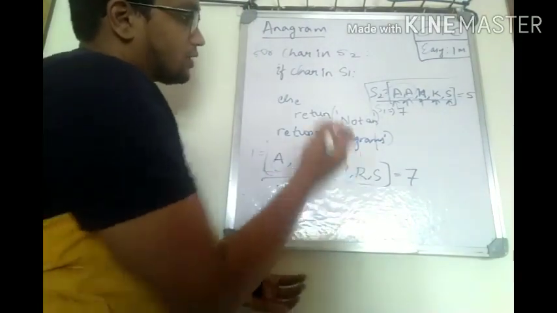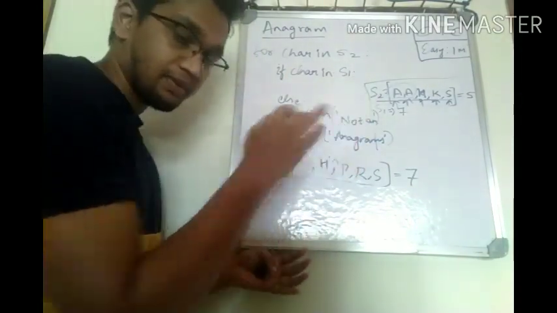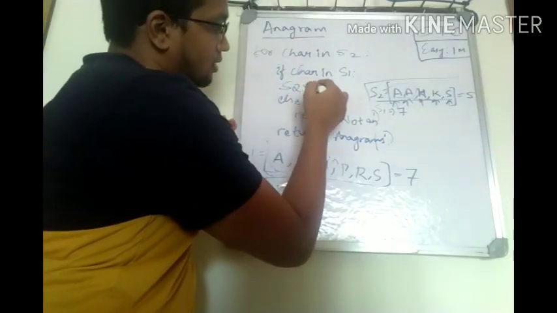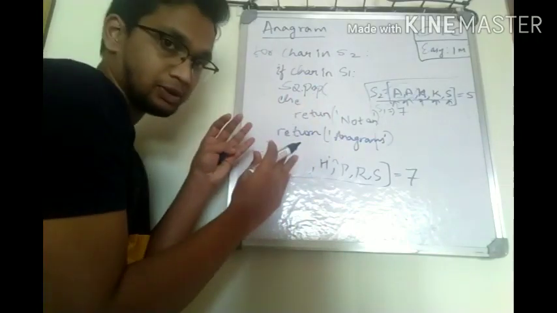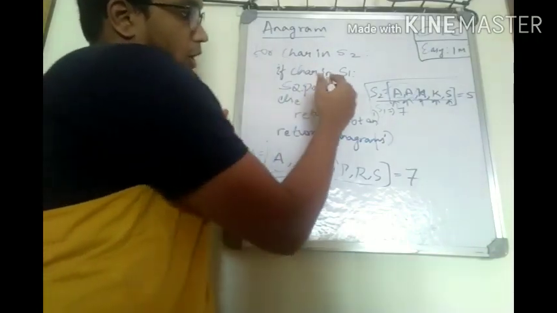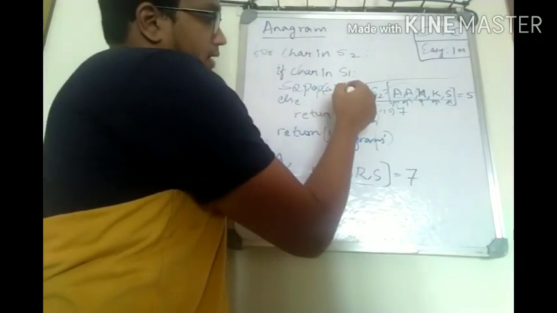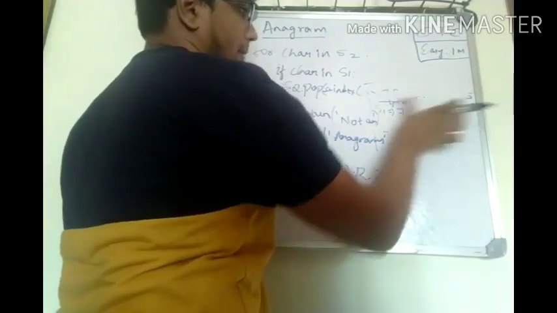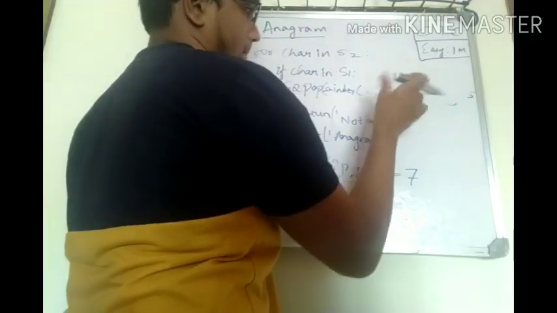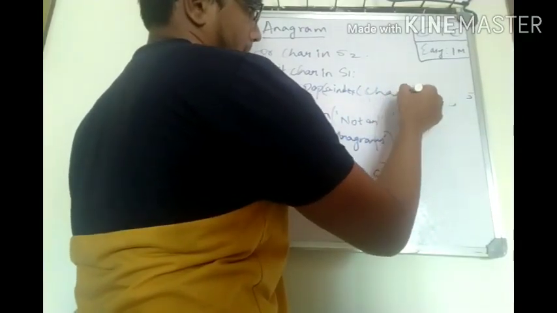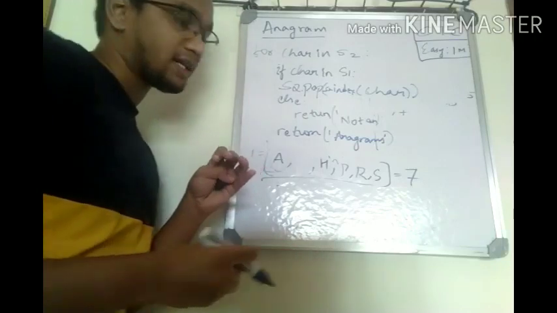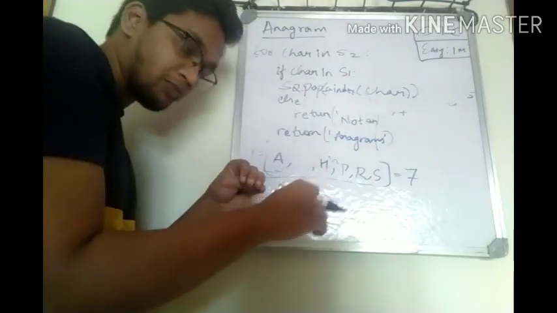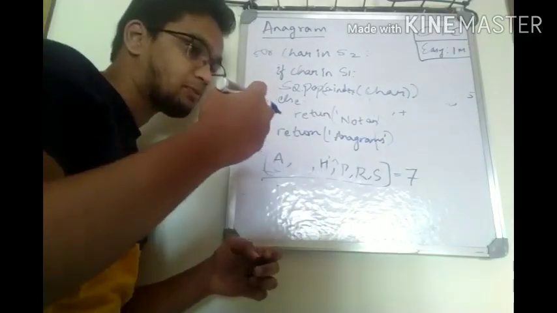Now if character in S1, then I want to pop that element from S1: S1 dot pop of S1 dot index of that character. I want to pop that element and I don't know the position of that element.